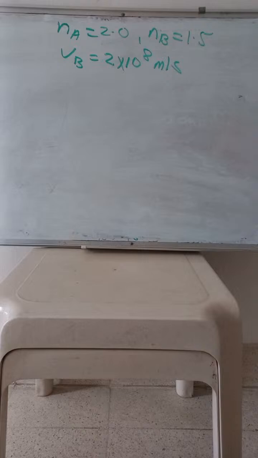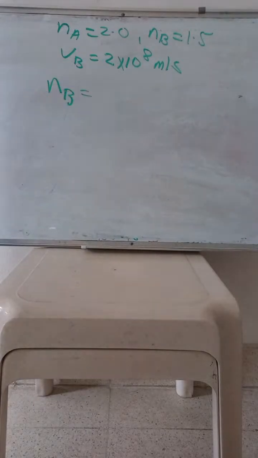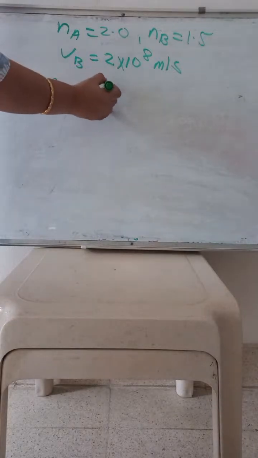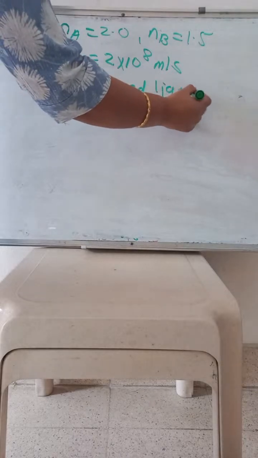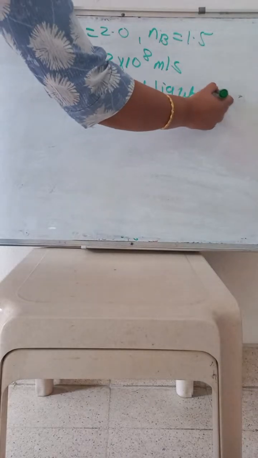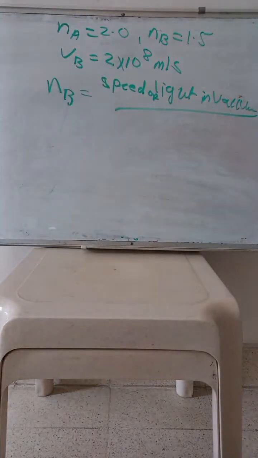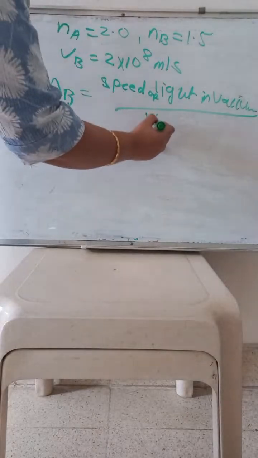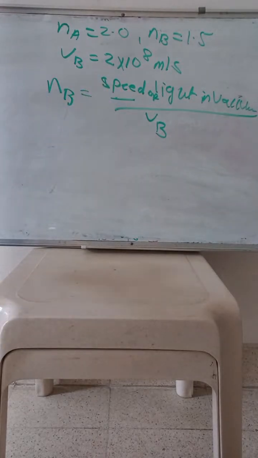Okay, so we know the absolute refractive index formula. For medium B, we can write NB is equal to speed of light in the vacuum divided by speed of light in medium B, that is VB. We have to find the speed of light in the vacuum.